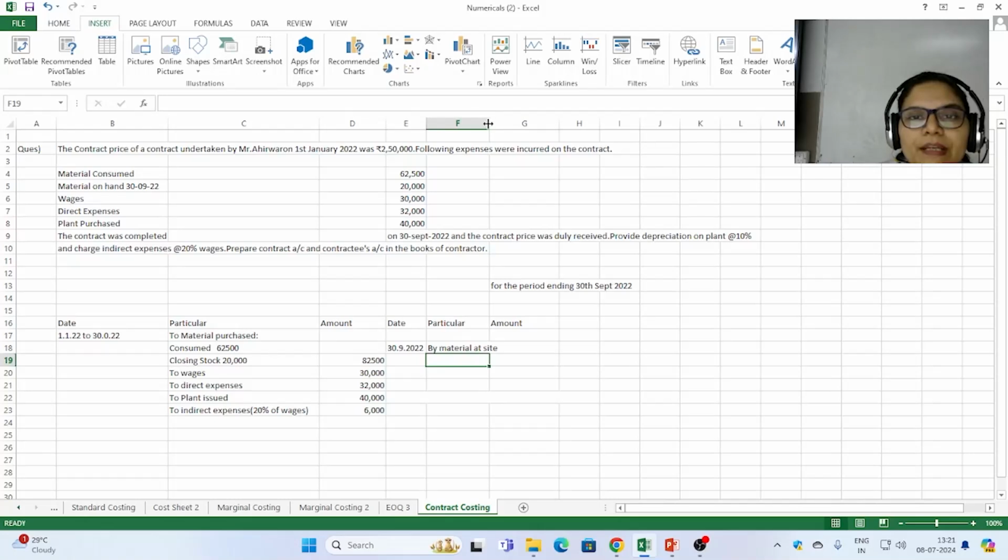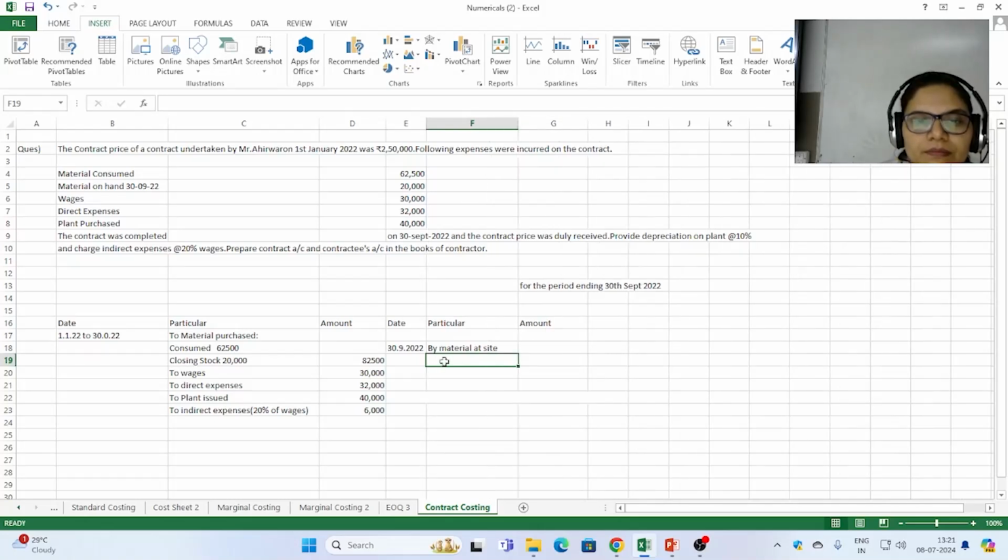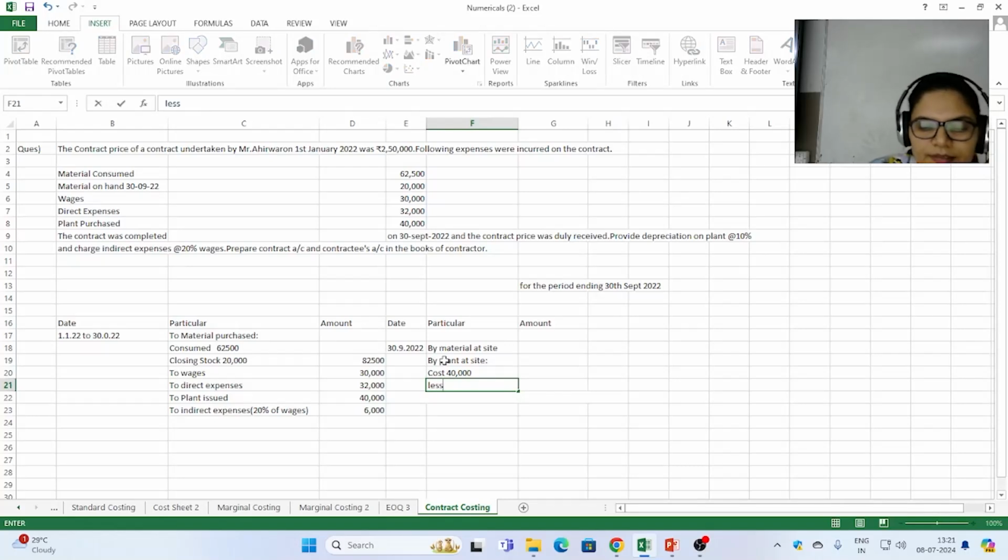We are having by plant at site, cost 40,000. Next is less depreciation, which will give you 4,000.